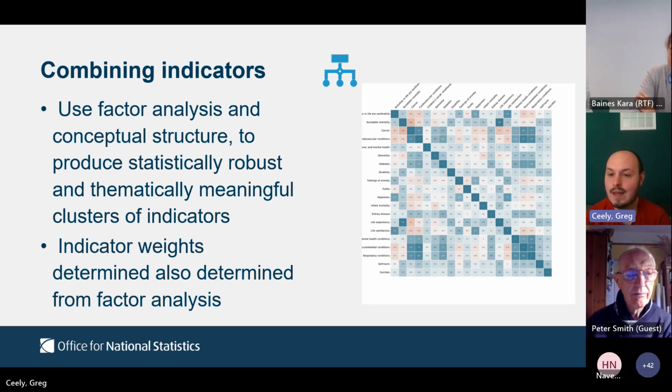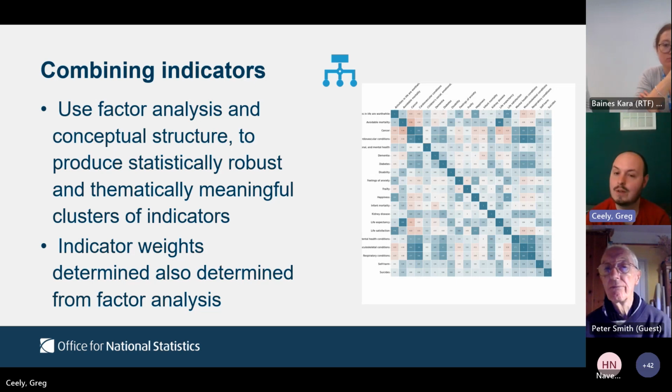We would then interpret the factor analysis results to say that if, for example, life expectancy and avoidable mortality were to group together, a potentially meaningful name for that factor, or for us as subdomain, is mortality. But it could be that two indicators that don't have an obvious combined meaning would group together in the statistical solution that we don't feel would be very meaningful to users.